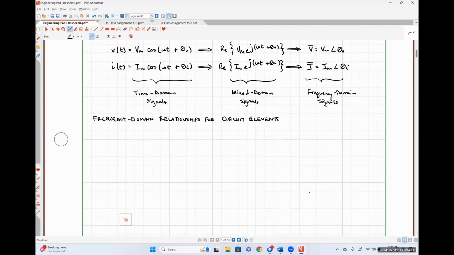So we're going to start with a resistor, okay?